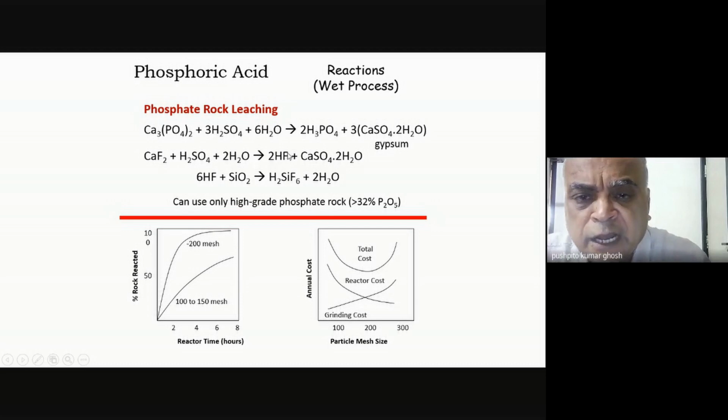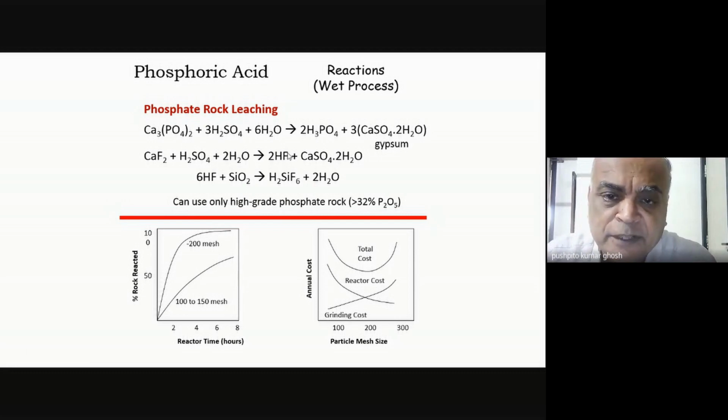HF is not actually that volatile, and HF forms very strong hydrogen bonds with your aqueous phase, and so it's quite hard to take out the HF. Now, typically what happens is that the HF reacts with silica and it forms hexafluorosilicic acid.